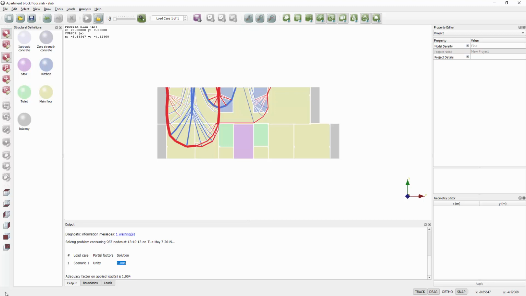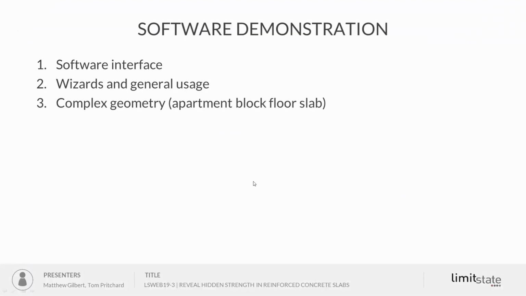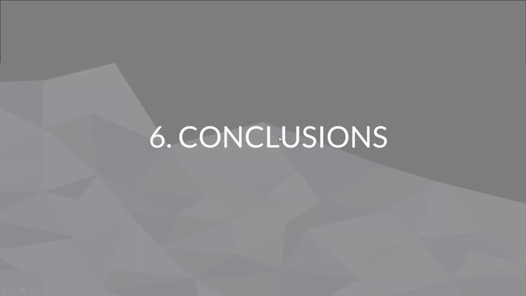And so hopefully that's given you a good but a very quick overview of how the software works and how it can identify these critical failure mechanisms that you may not be able to realise using hand-based methods. So if we go back to the demo, come to some conclusions. So hopefully what we've seen is that the software is automating the yield line analysis method in a way that allows you to very rapidly get solutions that you couldn't get, like we say, by hand.